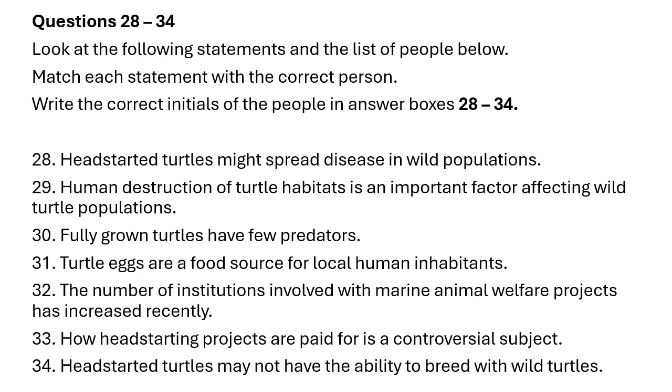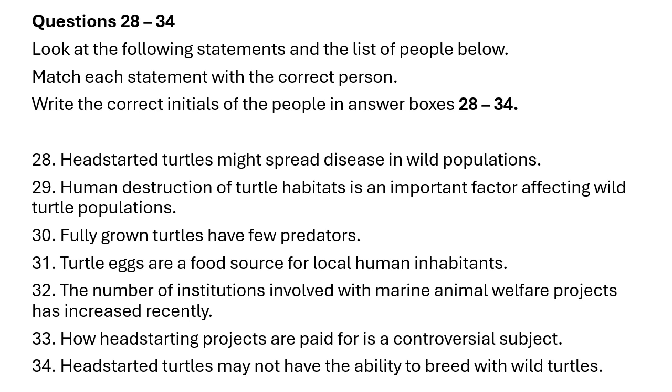Number 32 says, the number of institutions involved with marine animal welfare projects has increased recently. This is just strange. It doesn't relate to any detail in Williamson's statement. Number 33 says, how head starting projects are paid for is a controversial subject.